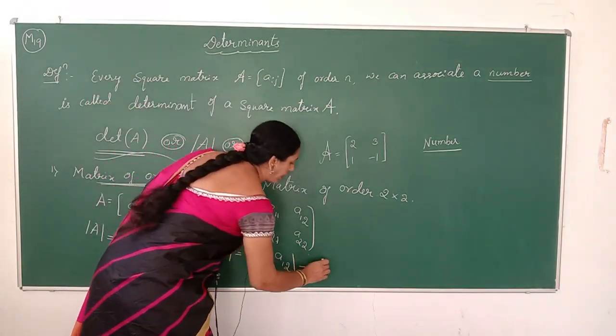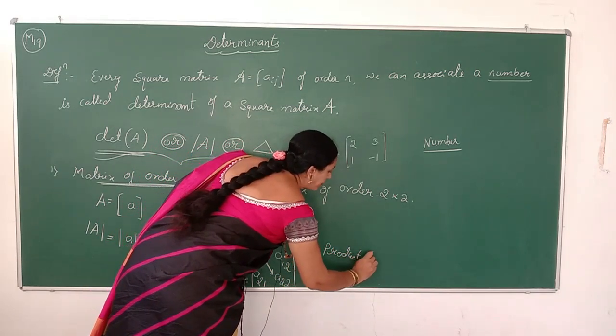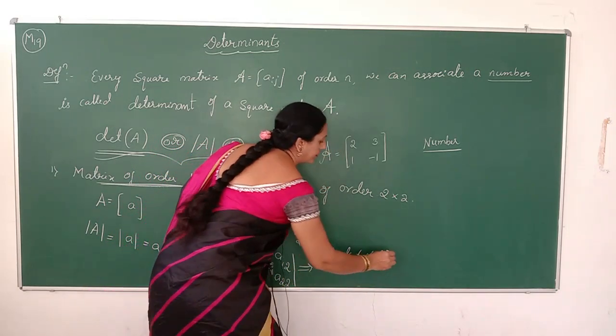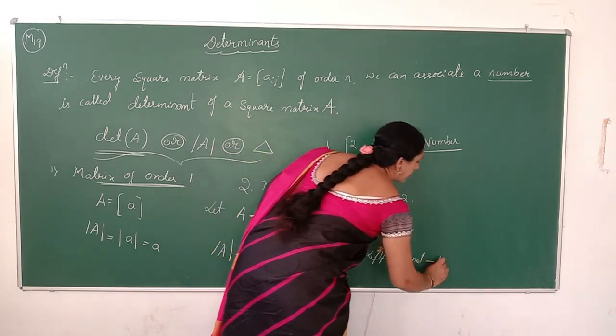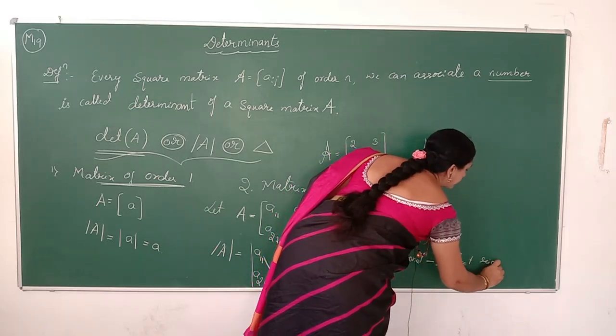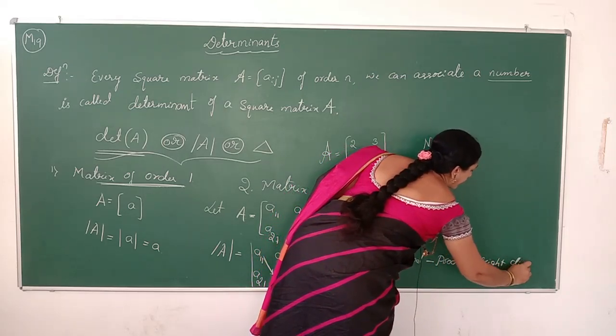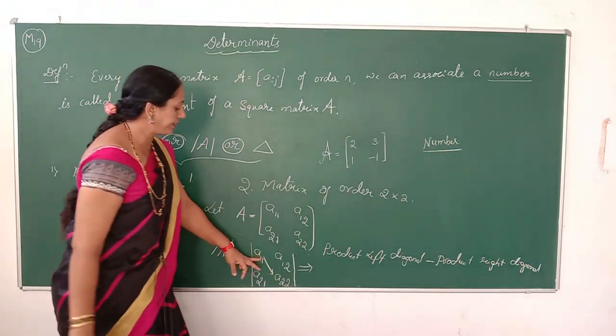Then the product of the left diagonal minus the product of the right diagonal. Product of left diagonal minus product of right diagonal.